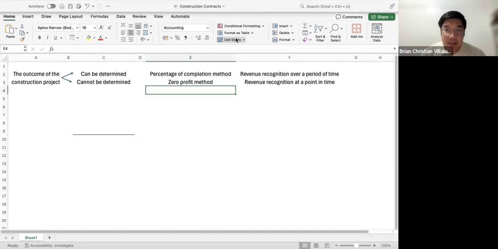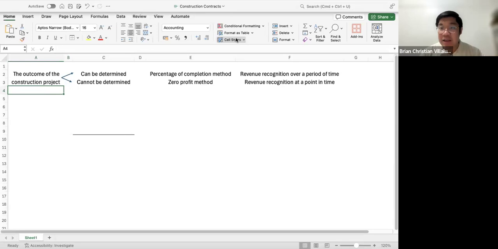If the outcome cannot be determined, then we are only allowed to use the zero profit method or revenue recognition at a point in time. Okay? Now, ang main focus natin dito sa dalawang methods na ito ay yung percentage of completion.